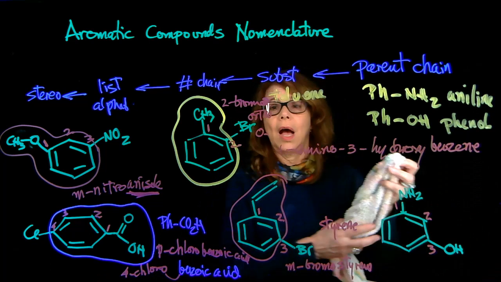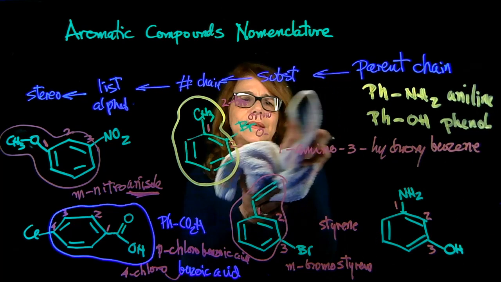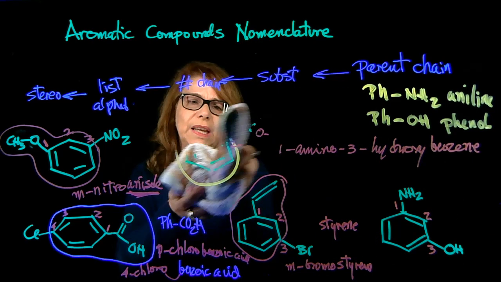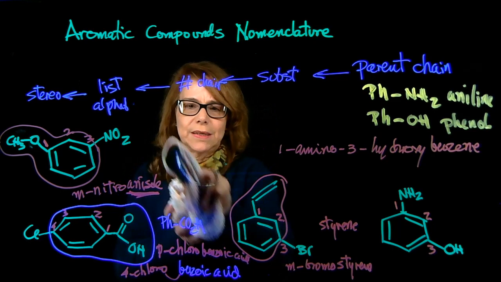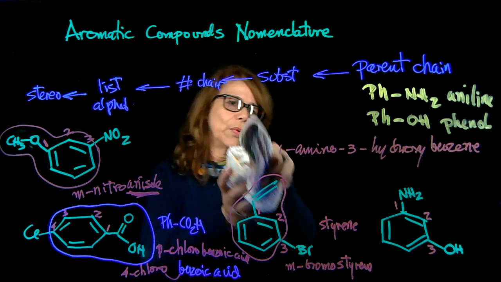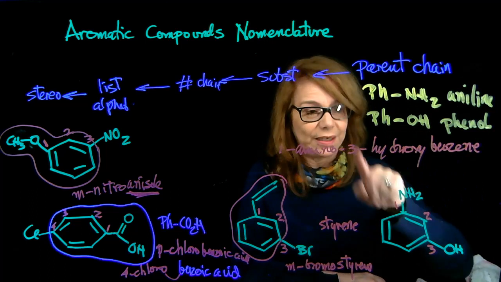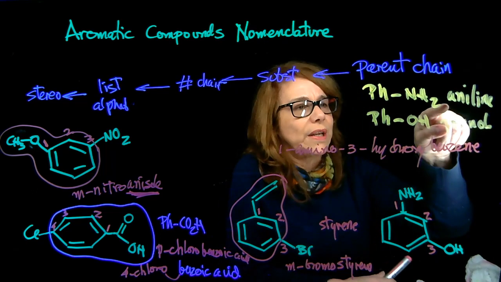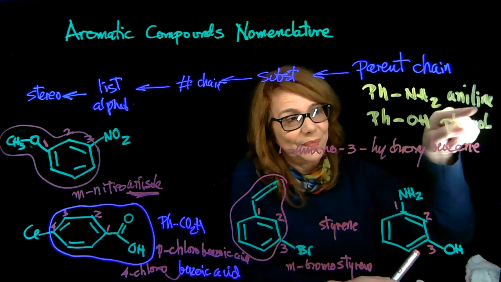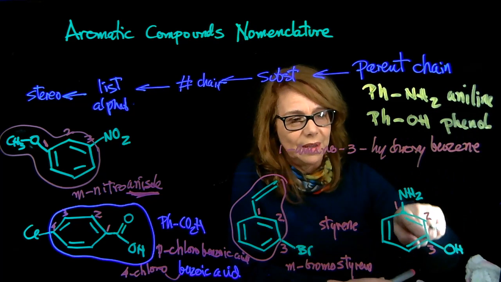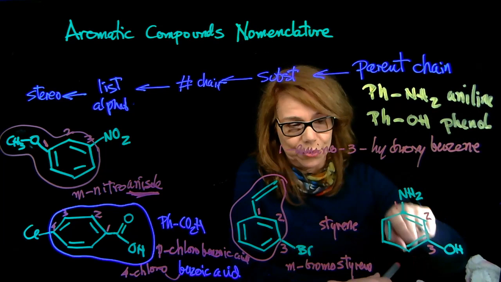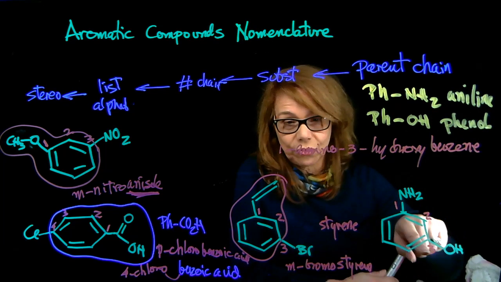Now this is if we just chose the parent chain as benzene. Now let's write what the name of the compound would be if I choose aniline as my parent chain. So we know aniline is the phenyl with the amino group. And for the numbering, since I'm choosing aniline to be my parent chain, in relationship with that group this is 1,3, so it is meta.